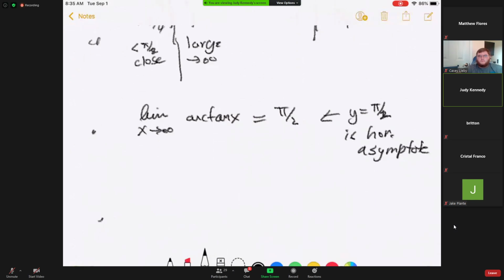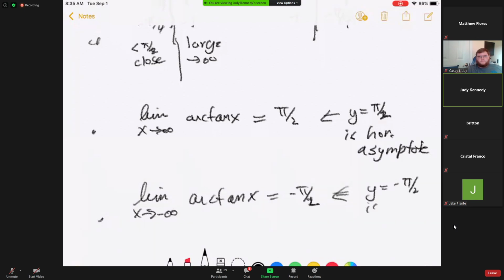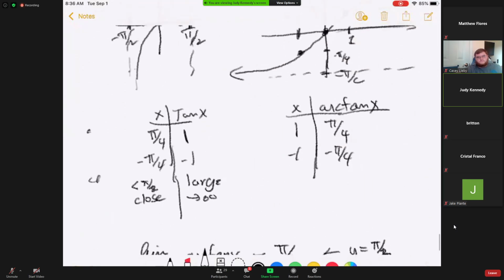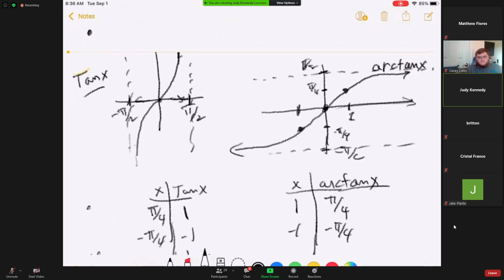And also the limit as x approaches minus infinity of the arctangent of x is minus pi over 2, which says y equal to minus pi over 2 is also a horizontal asymptote. But this one has different asymptotes in different directions. As x goes to plus infinity, you get a different horizontal asymptote than when x goes to minus infinity. Any questions?